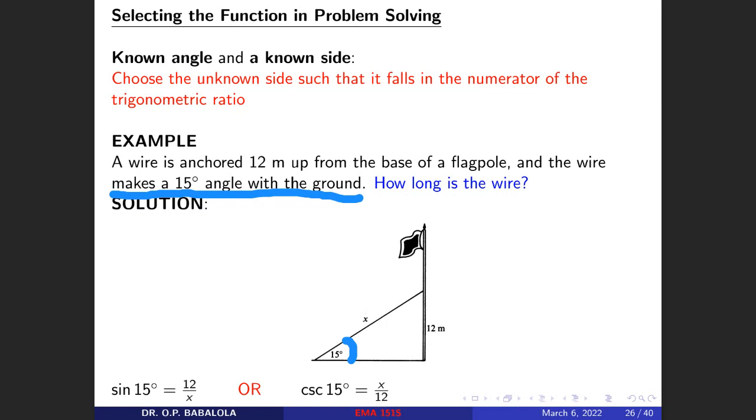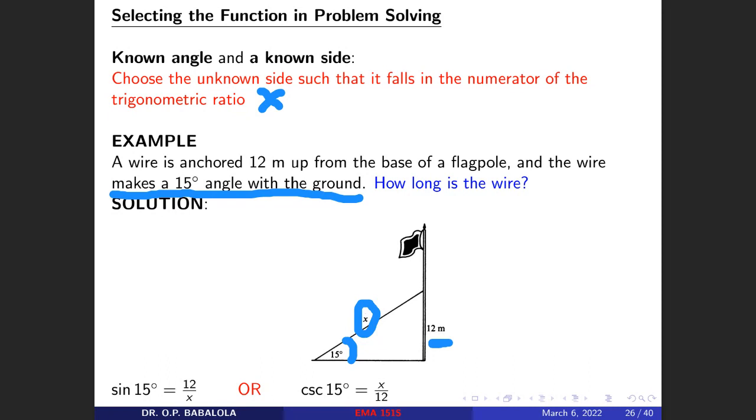So the wire is basically X, and which for us depends on, now let's use this our rule, this one here. We know this length to be 12 meters. This is what we're looking for, X, okay? We have been given the angle.